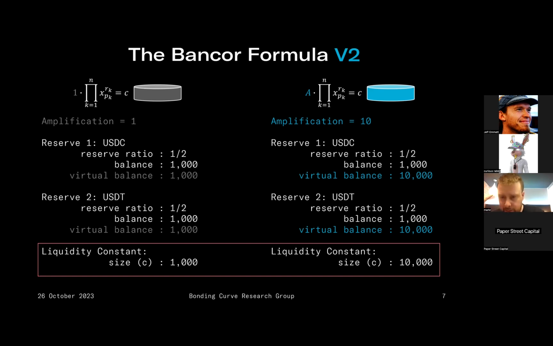Given the formulas as I presented them in the last lecture, you would see that the liquidity constant in the Bancor V1 case is 1,000 and in the V2 case is 10,000. But because they have the same symbol and we're referring to the same token balances, it's a little confusing.